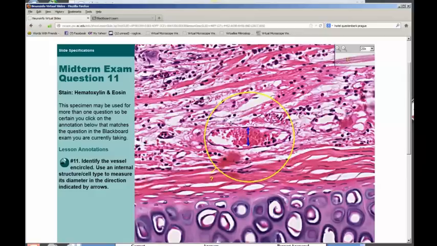Very thin wall, no smooth muscle around it, not a capillary, certainly not a vein, not an arteriole, not any larger artery, and it is a venule. If you put either venule or post-capillary venule, then it's correct. This is the vessel just after the capillaries, and it collects multiple capillaries and then carries the circulation on. So let's go to the next slide, which would be question number 12.